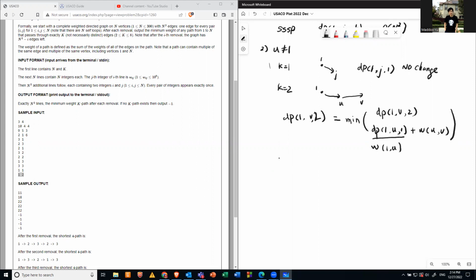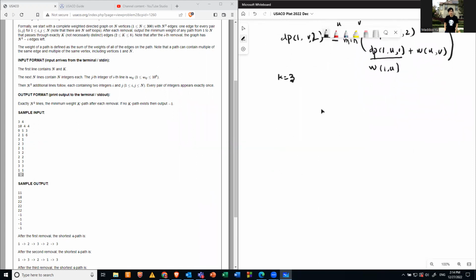So that's easy. Let's see, what if k equals 3? For k equals 3, I start from 1, so I have 3 edges: 1, 2, 3. The first case is U to V is here. The second case is U to V is here. That's still easy.